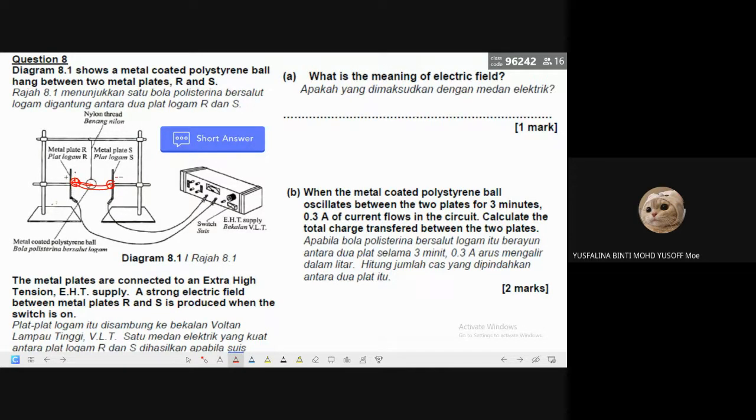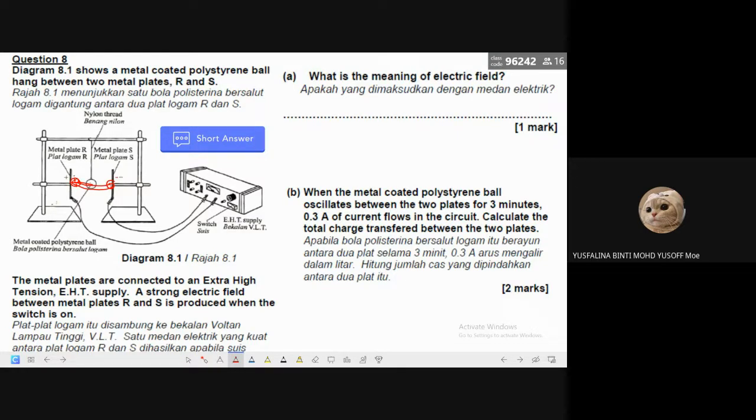The positive charge will be transferred to the polystyrene ball, so now it becomes positive. Positive repels positive, so it will push the polystyrene ball to the other side. There, the negative charge will be transferred to the polystyrene ball, so now it becomes negative. Negative and negative also repel, so it will push the polystyrene ball back to the positive plate. Again at the positive plate, the positive charge is transferred to the ball, so the positive plate and the positive ball repel, and it pushes back to the negative plate. This is continuous, which means the polystyrene ball will swing continuously.